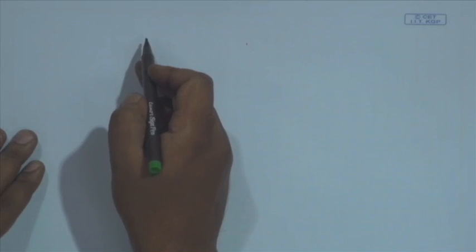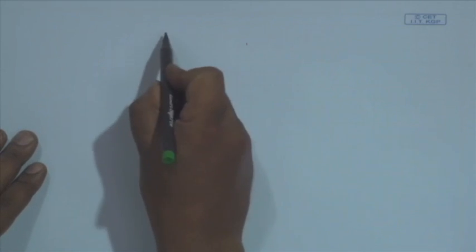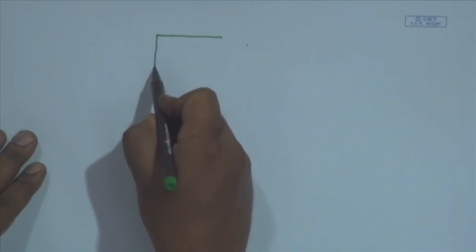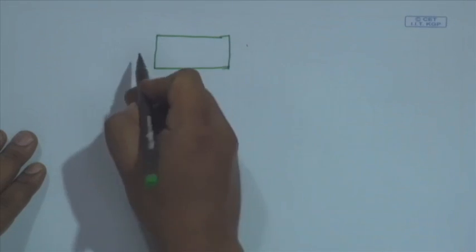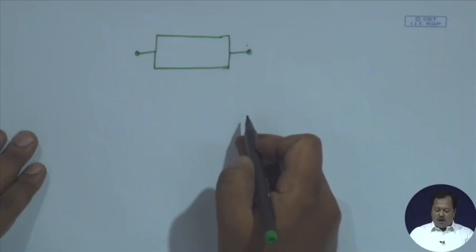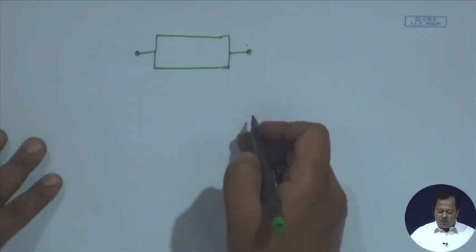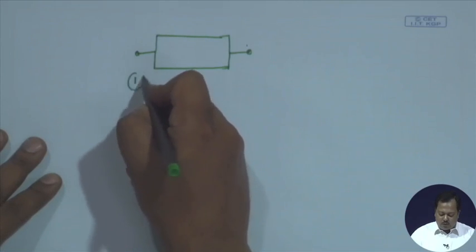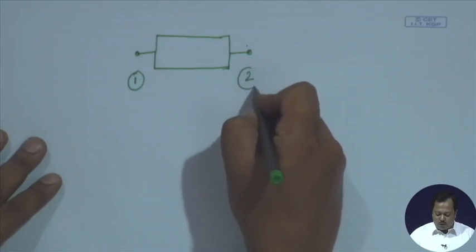Let us say we have a 2-port network. It can be anything. It can be a filter, it can be a power amplifier, it can be any 2-port network. This is port 1, this is port 2.